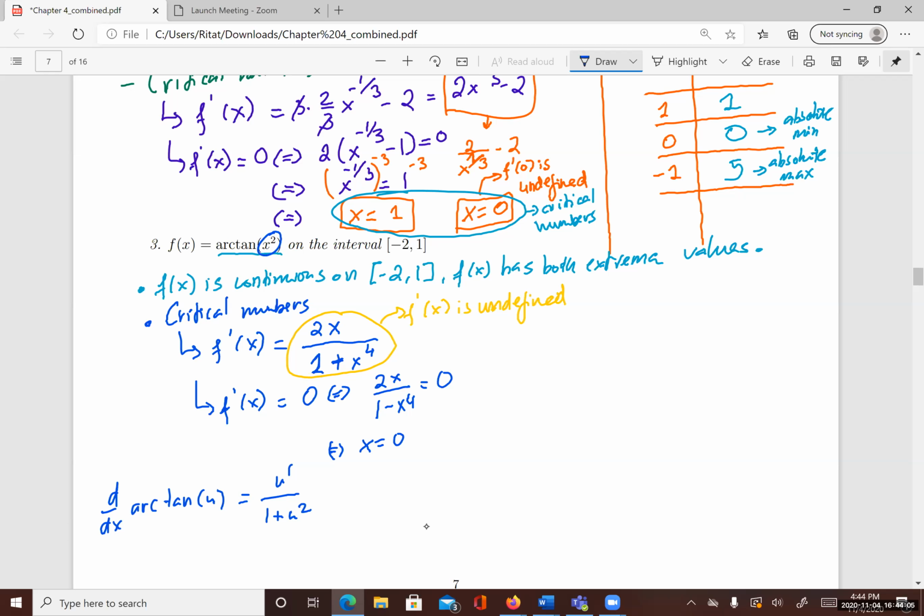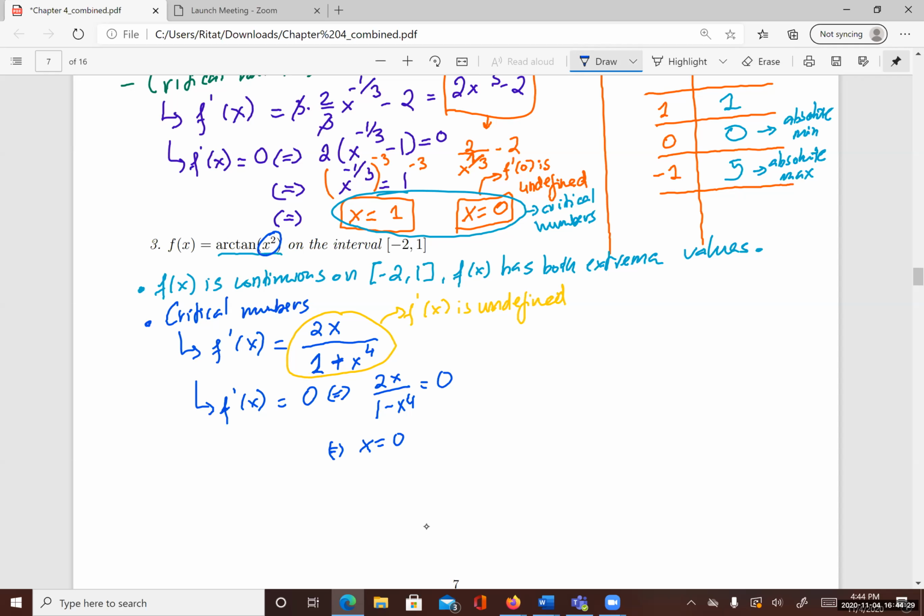And u is x squared, so it's 2x over 1 plus x to the 4th. So that was my small mistake there. You can see that it's very dangerous if you make an algebra mistake during the process. That would kill your problem. Okay, now we're on the right track.